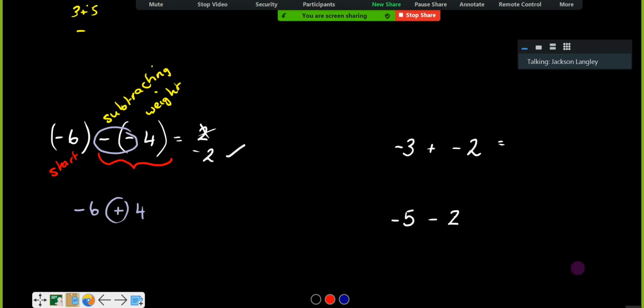Okay. Yeah. I have one for the second. For the first one, if people could confuse it with just like -3 plus -2. And that would equal -5.